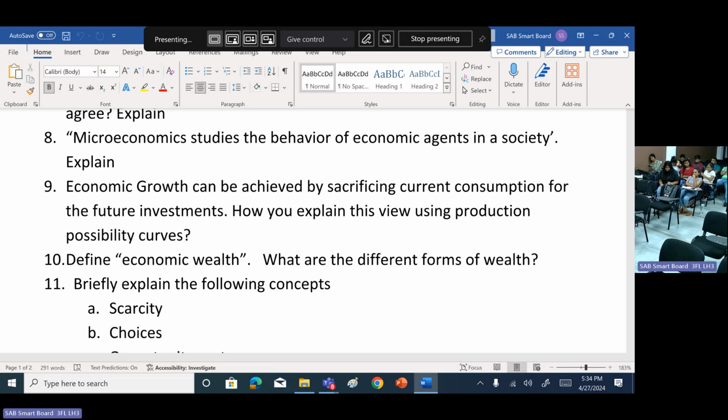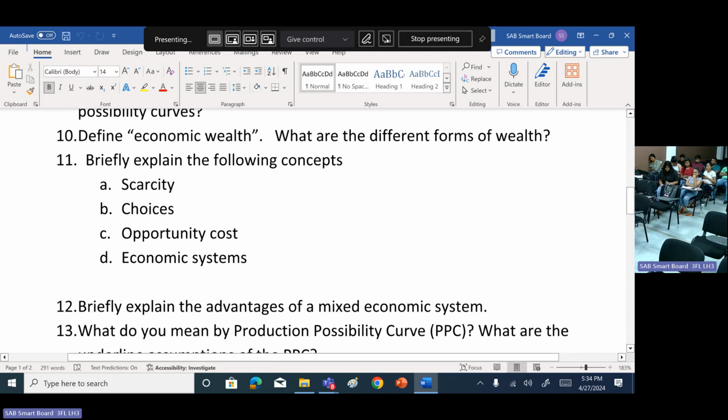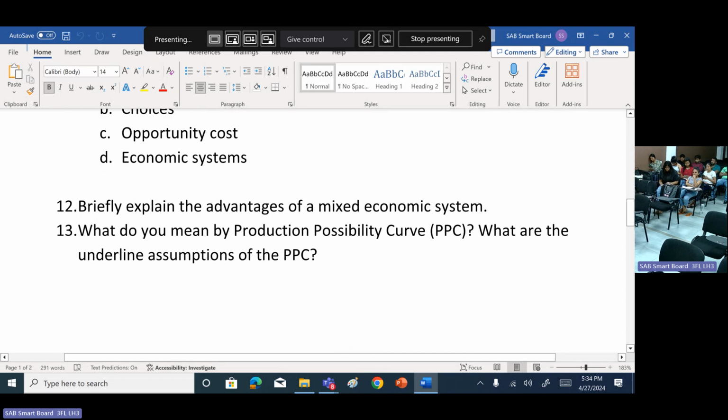So we need to reduce the current consumption for future investment. Investment increases the capital stock, and that will raise the productive capacity, with the curve shifting to the right. We need to explain that, right? I think there is no problem here.